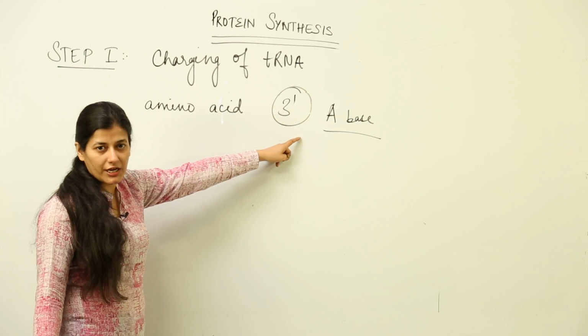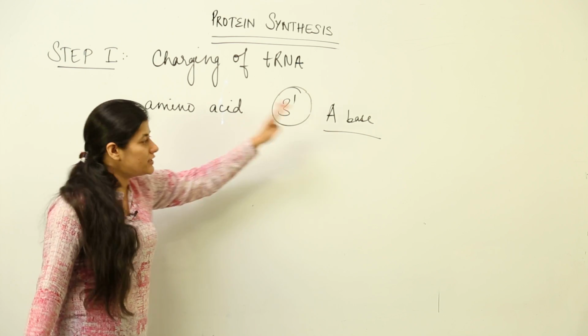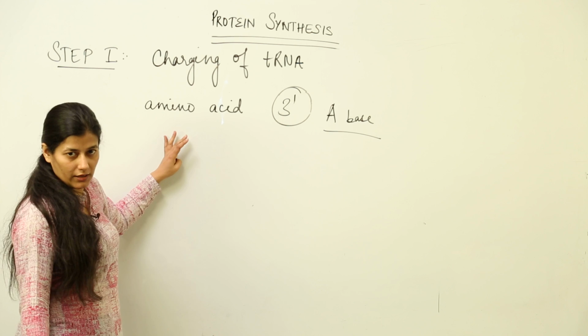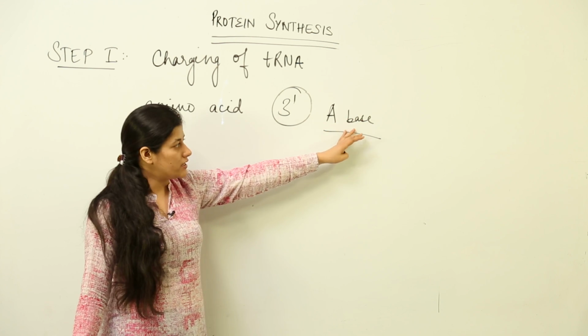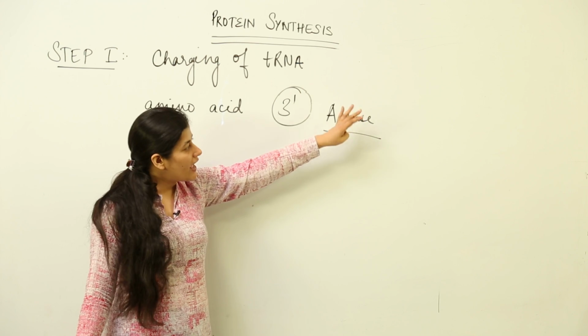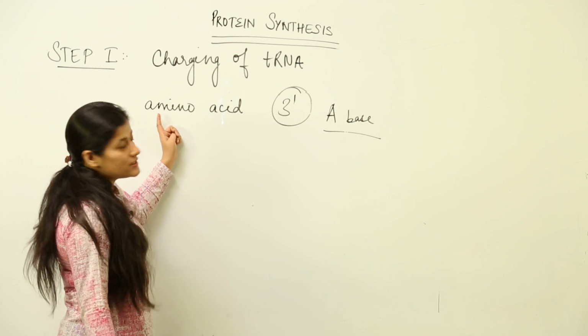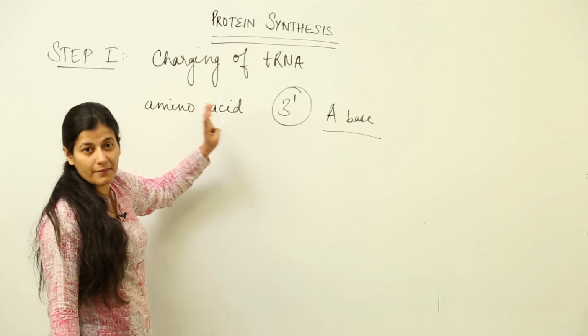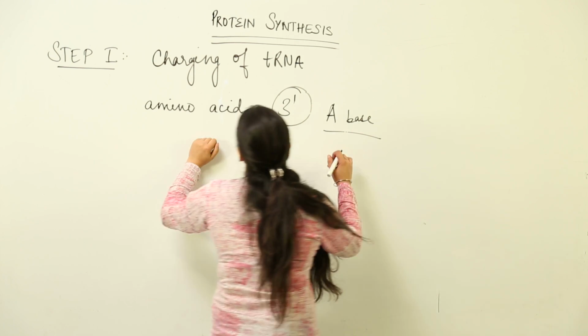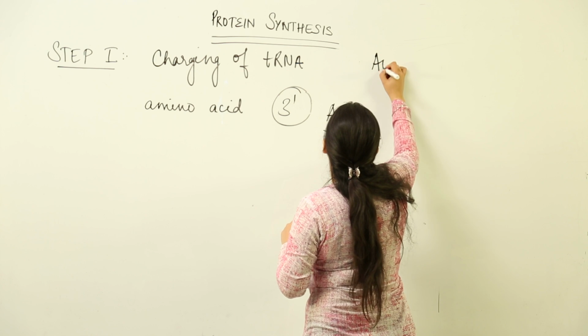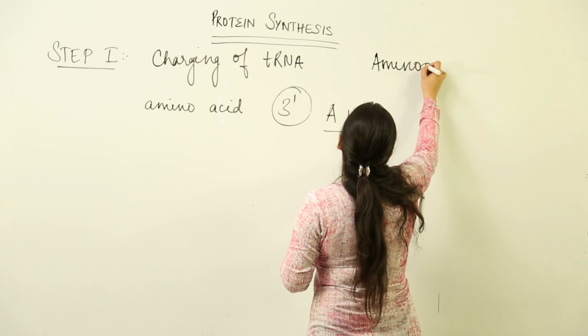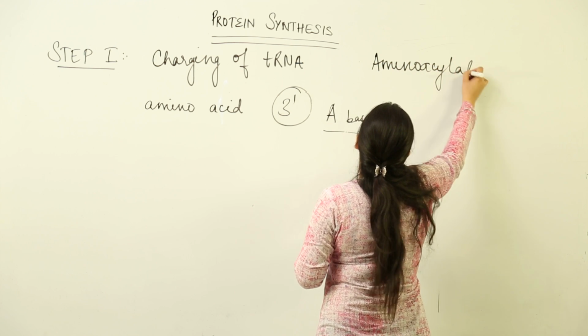The 3' end A joins the amino acid, okay. The A that is present, the nucleotide present at the 3' end, joins the specific amino acid, and that is known as charging of tRNA, or otherwise known as aminoacylation.